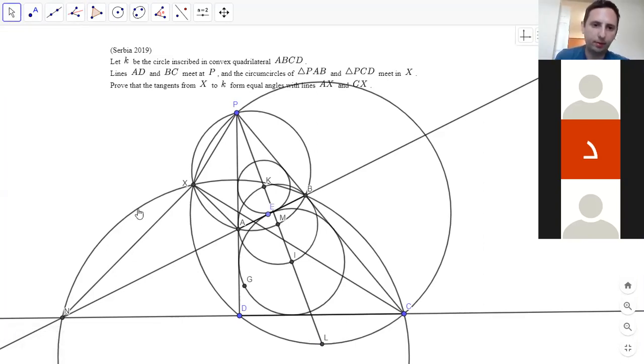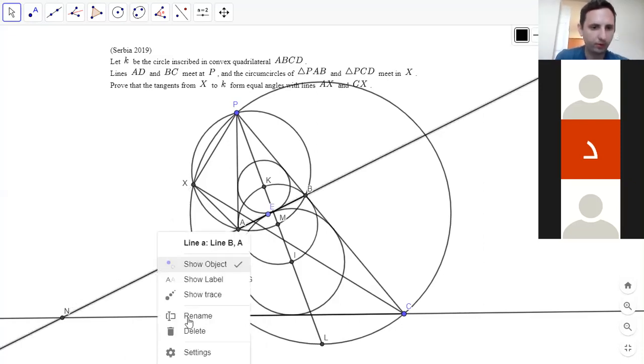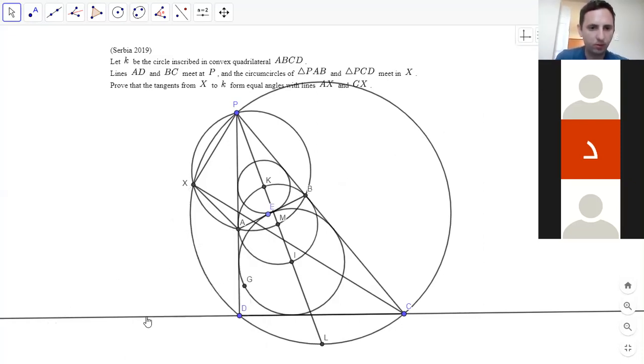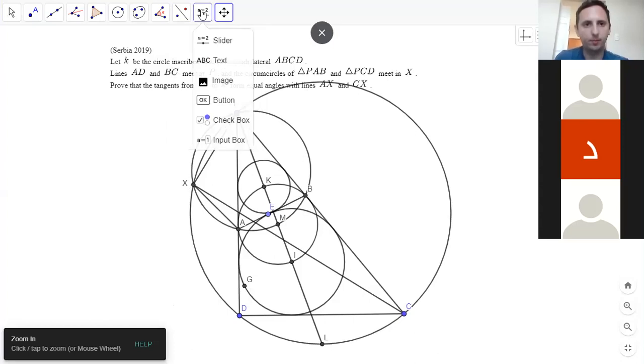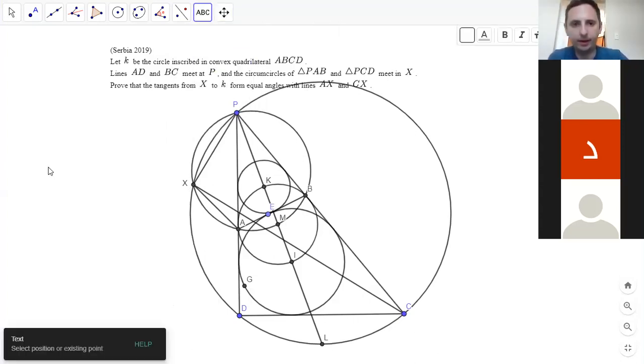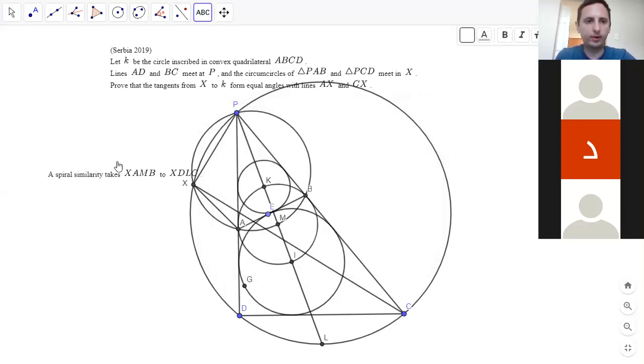So basically a spiral similarity takes I. Let me write out what we have. So a spiral similarity takes XAMB to XDLC. Or let me write it like this.